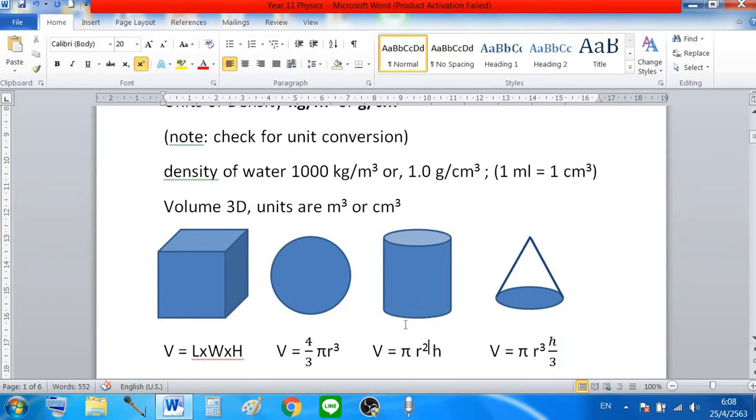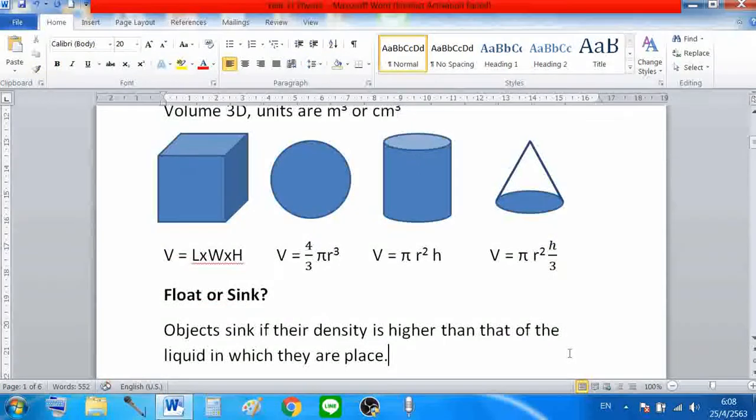So the volume of a cylinder is pi r power 2 times the height, and the volume of a cone is, again, pi r power 2 times the height divided by 3. If they give you a question that involves volume, most likely they will give you the equation, unless it's maybe a cube or a sphere. But these are good to know.